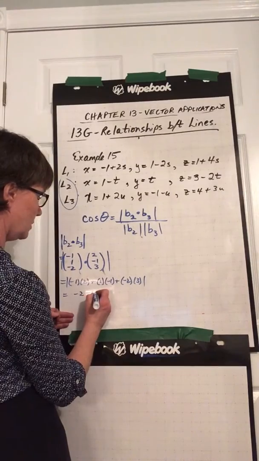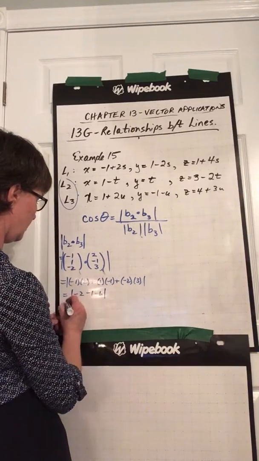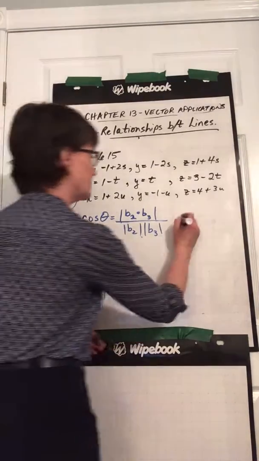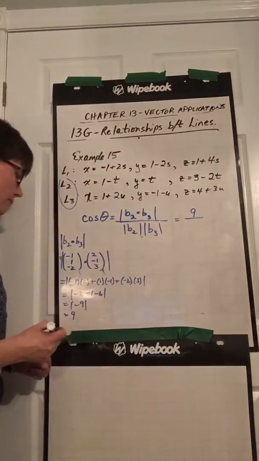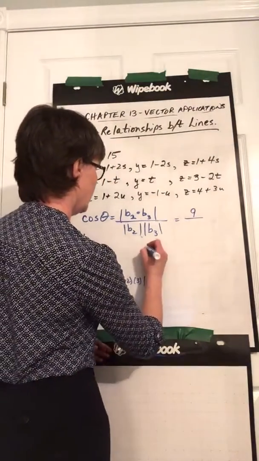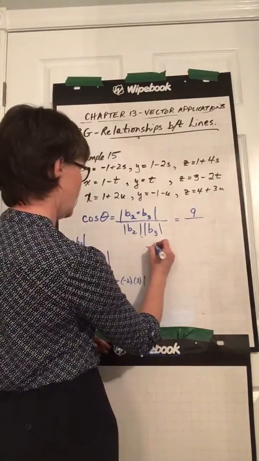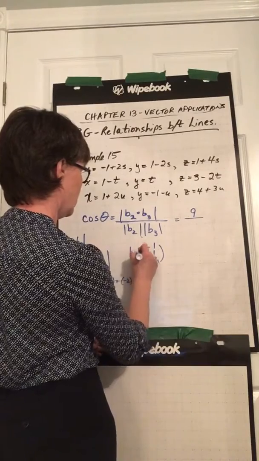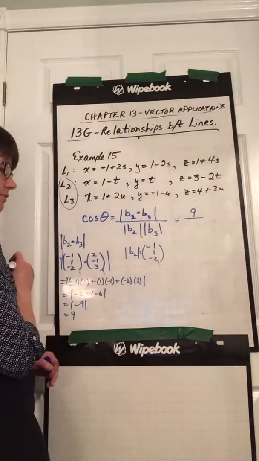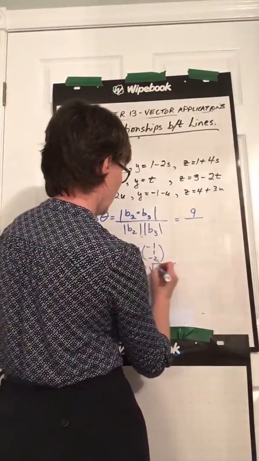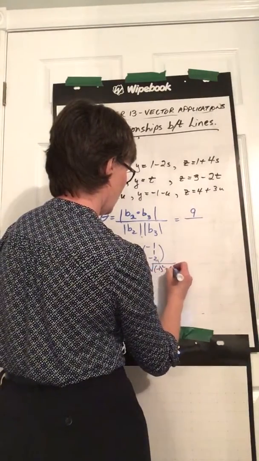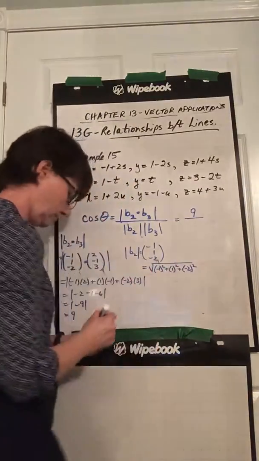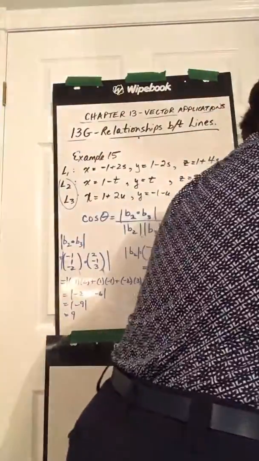-2, subtract 1, subtract 6, absolute value, -9, absolute value, which is 9. Okay, so that numerator is 9. Now we'll find the size of the direction vector of line 2. Make a separation here.